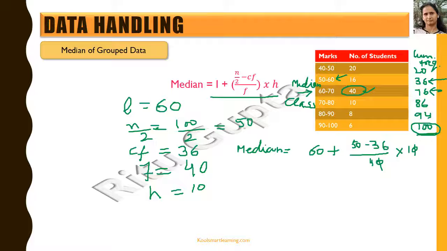So we cancel this and we get 60 plus 14 by 4, and this is nothing but 3.5, and the median becomes 63.5. So 63.5 is the median of this set of data, which gives us a central tendency, which means almost 50% of the data is below it and almost 50% of the data is above it.